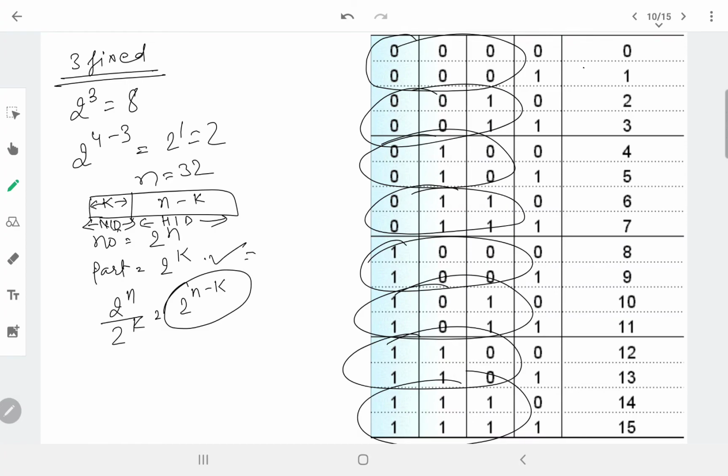This is the total number of networks we will have, 2 to the power k. And for every network, how many host IDs will we have? This is 2 to the power n minus k. This is the total number of hosts per network. So network size is 2 to the power n minus k. In the next video, we will understand IPv4 addressing.